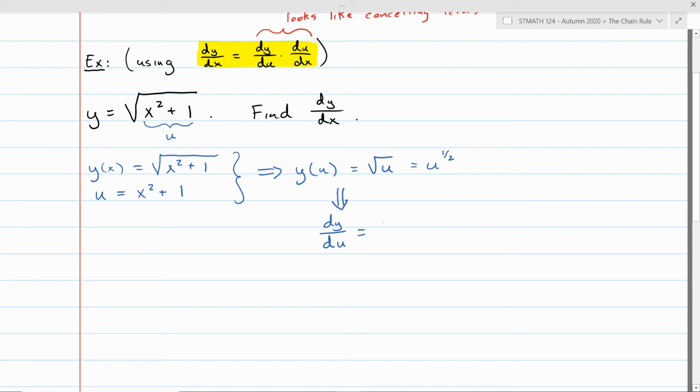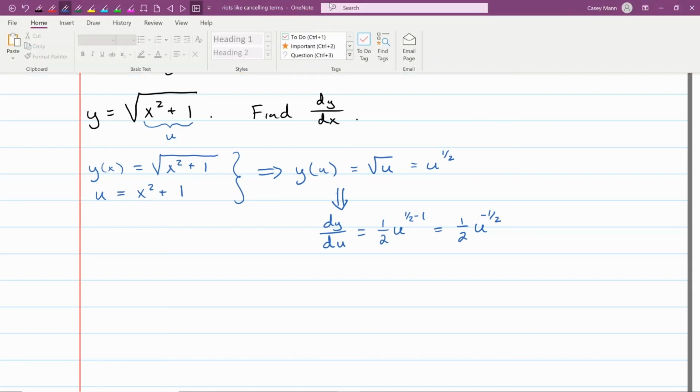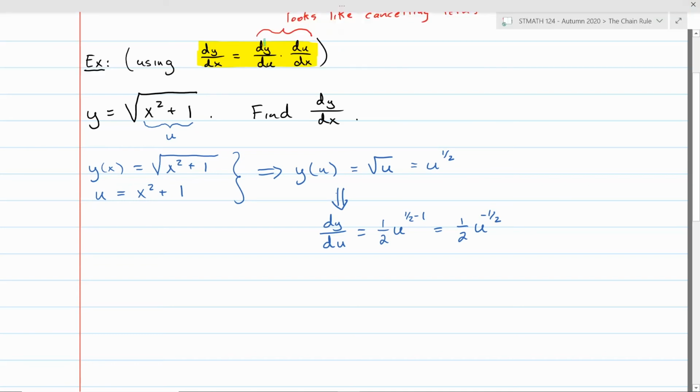There'd just be 1/2, not x this time, it's u, 1/2 u, and then you do 1/2 minus 1, right? So in other words, 1/2 u to the negative 1/2. So you see in the formula up here for the chain rule, that first term, dy du, we just computed right here.